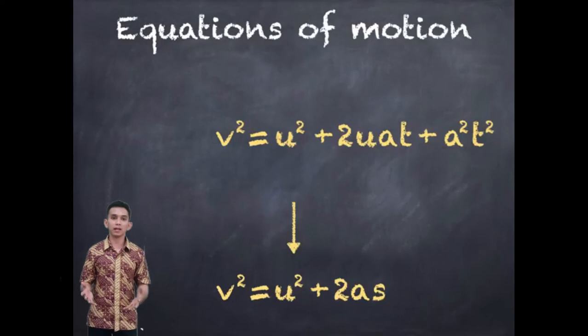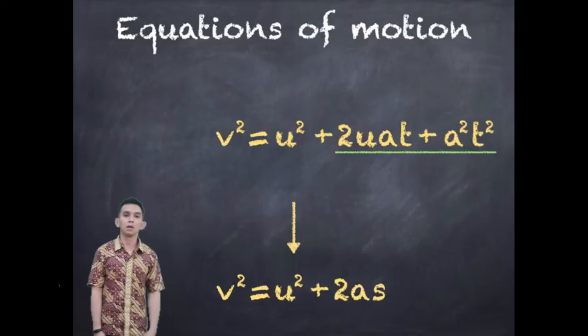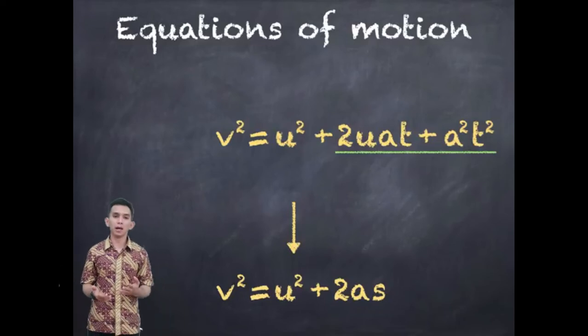The left-hand side of the equation looks fine, but this part needs more work. What we do is take out 2a from this part of the equation, leaving the rest in brackets. Dividing 2uat by 2a gives us ut. If we divide a squared t squared by a, we would get at squared.